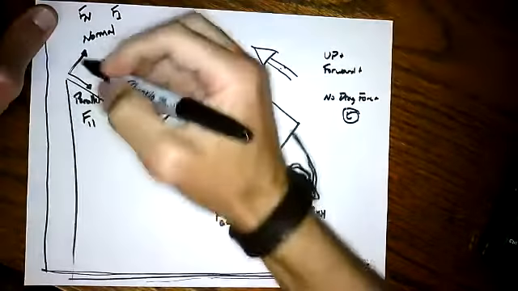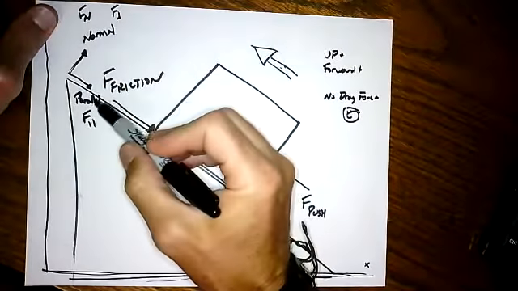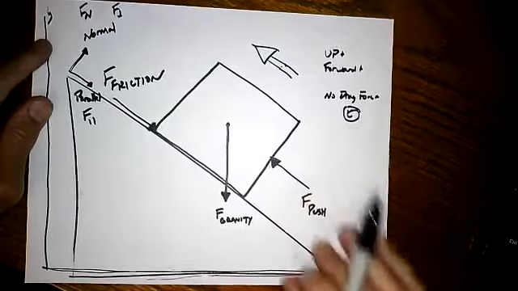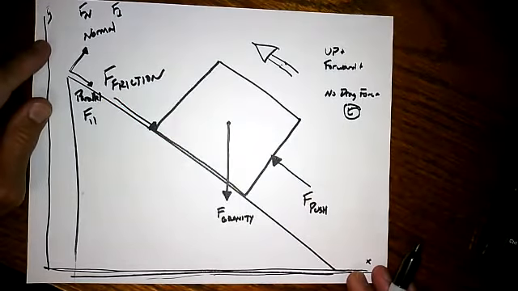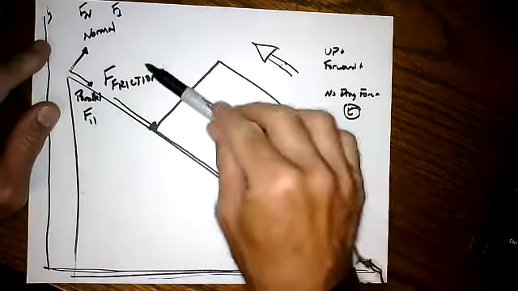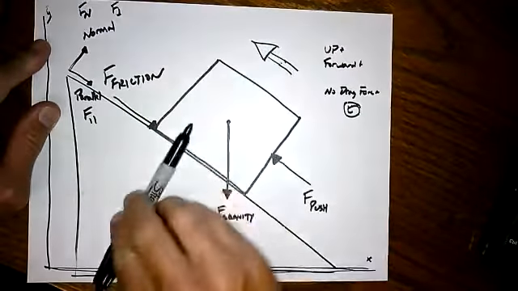But our reference frame now is really here. And we might even want to call this uphill or downhill, just to use more layman type language. But I want to get all my forces either in this direction or in the normal direction.